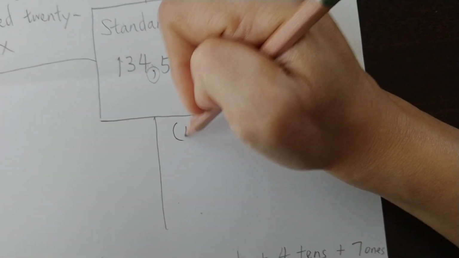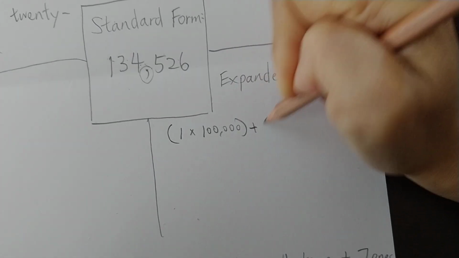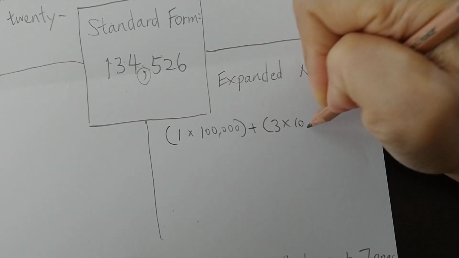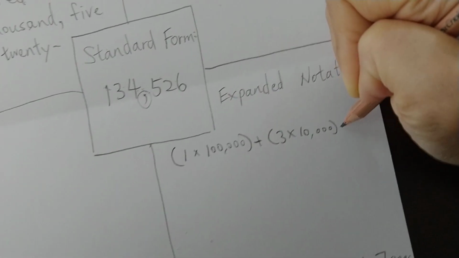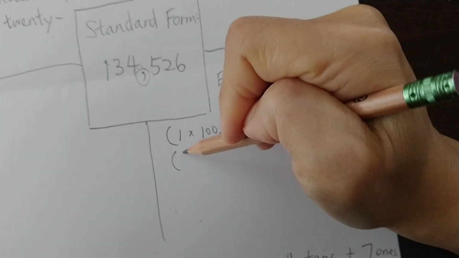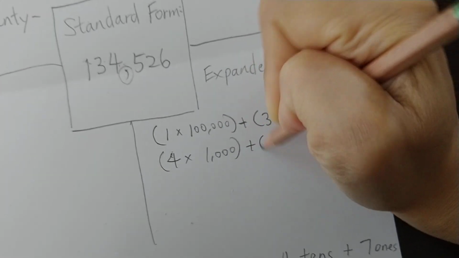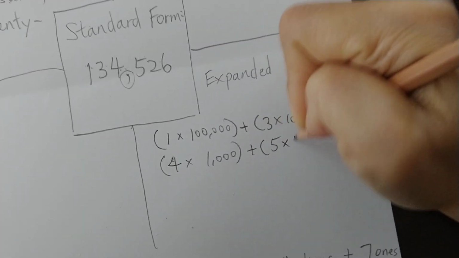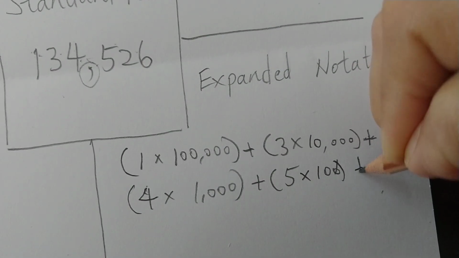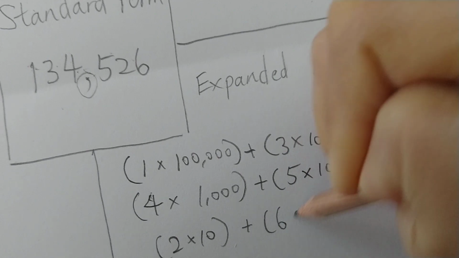So in this number, we have 1 group of 100,000, plus we have 3 groups of 10,000, we then have 4 groups of 1,000, 5 groups of 100, 2 groups of 10, and 6 groups of 1.